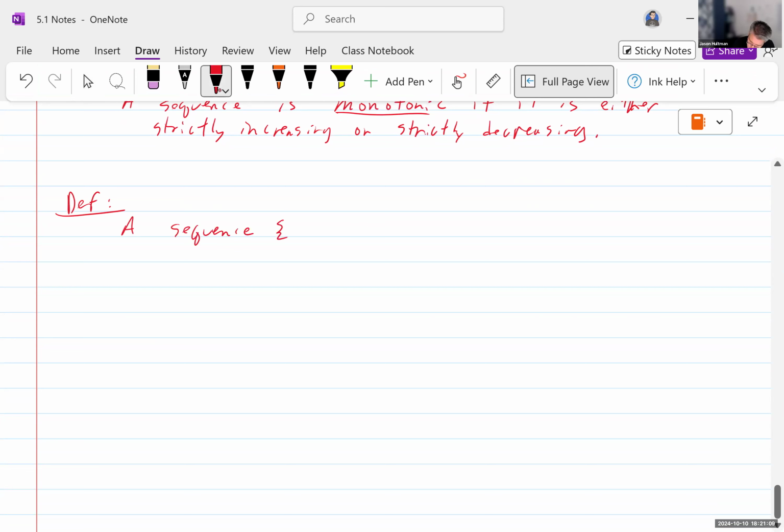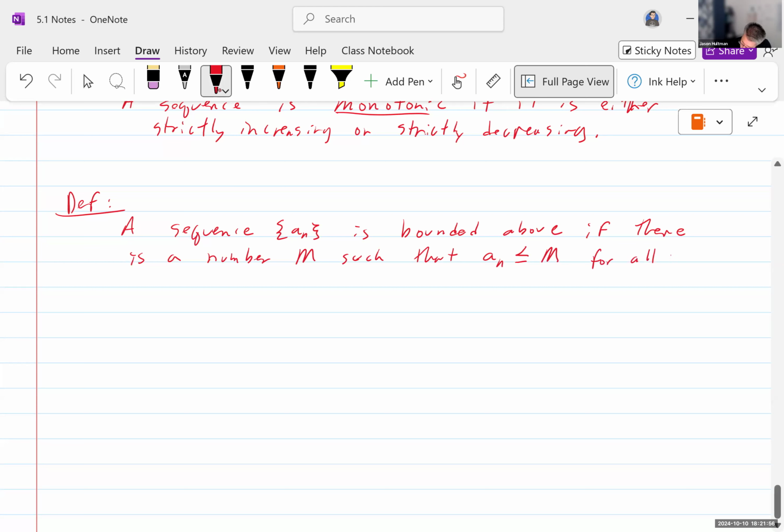A sequence a sub n is bounded above if there is a number m such that a sub n is less than or equal to m for all n greater than or equal to 1.